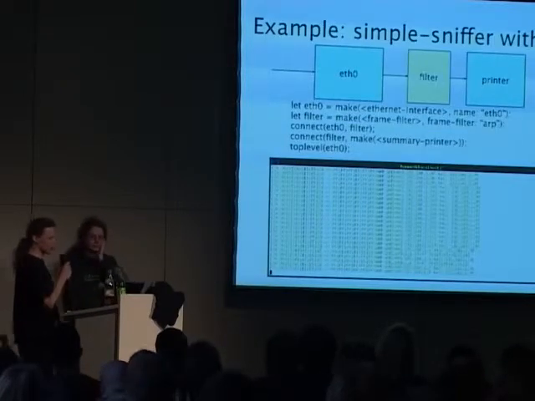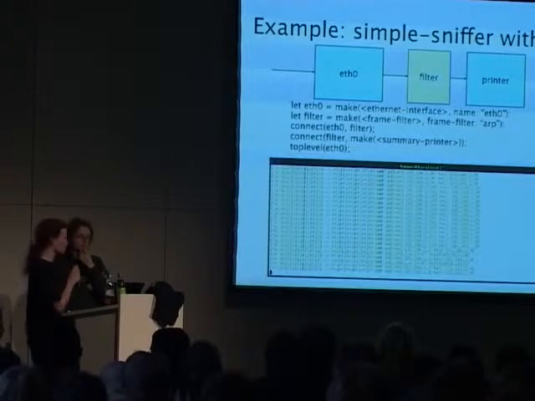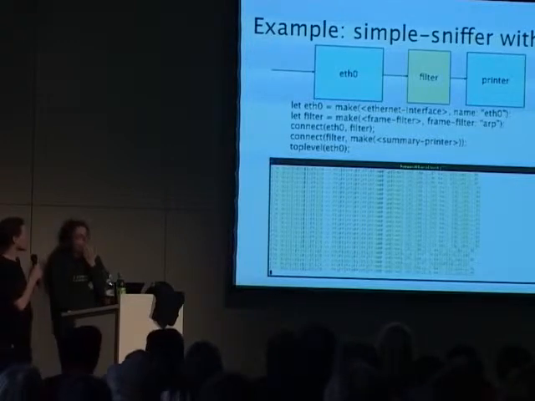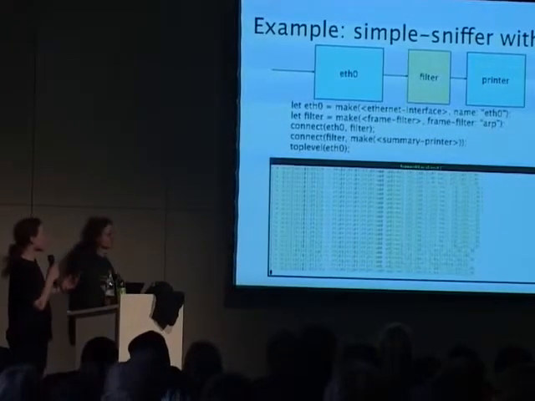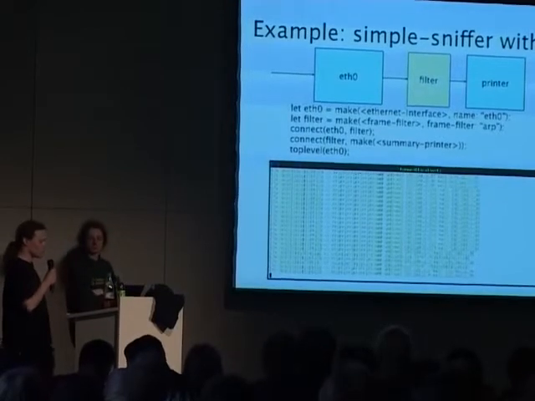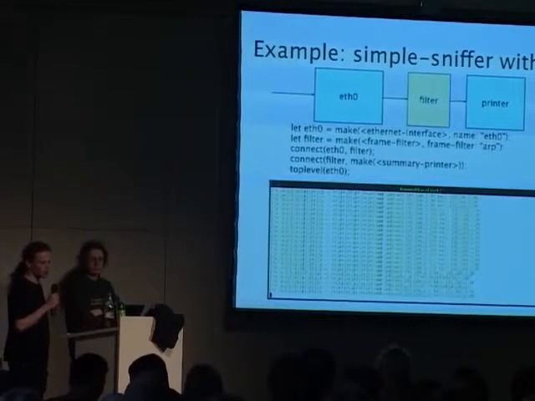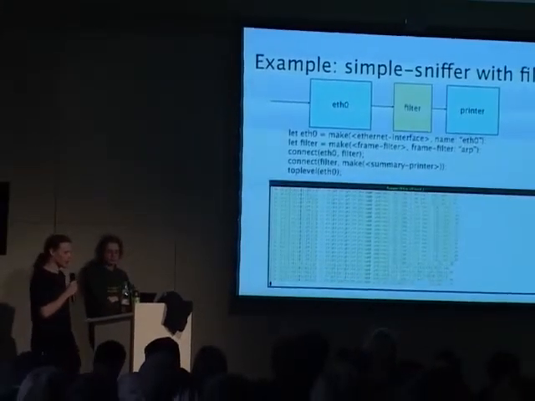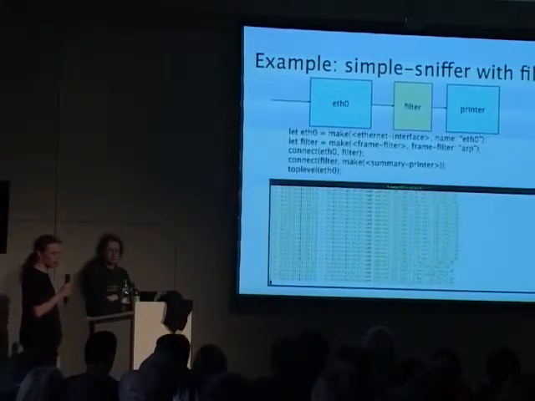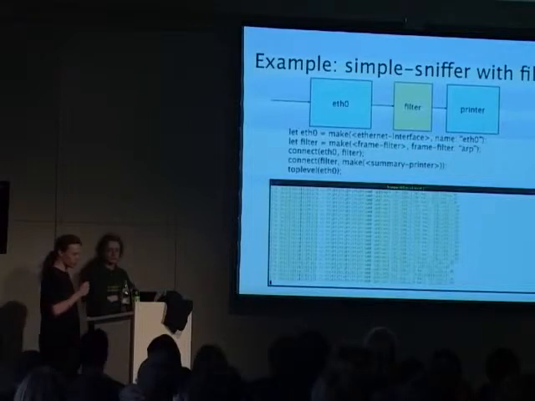A bit more complex is a simple sniffer with a filter, where you simply generate the filter. In this case, we filter out all ARP frames. So we connect the Ethernet interface to the filter and the filter to the summary printer.